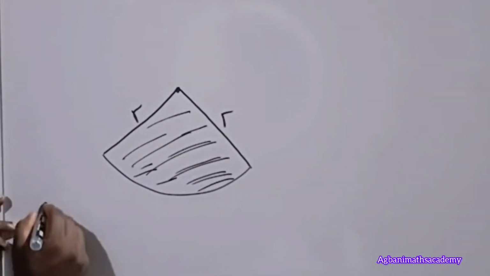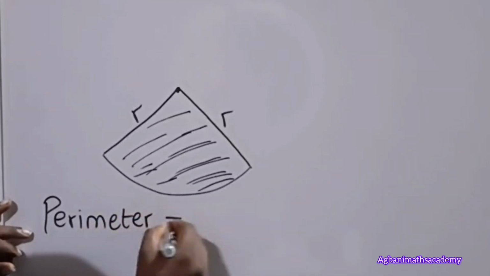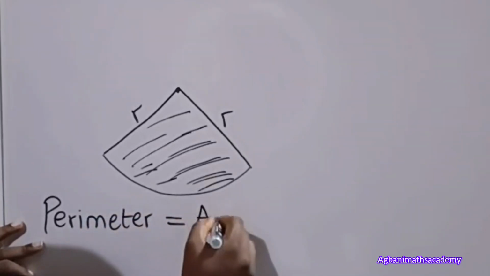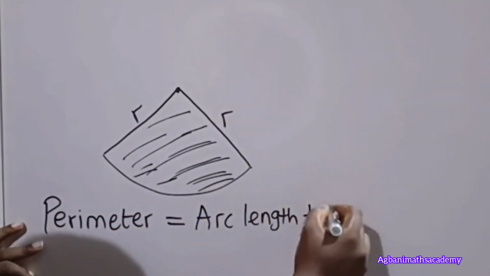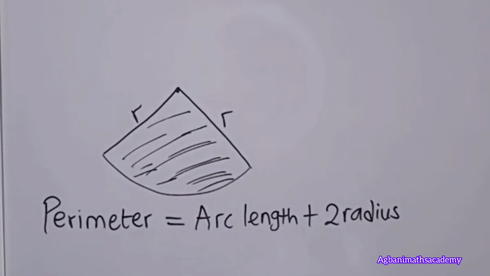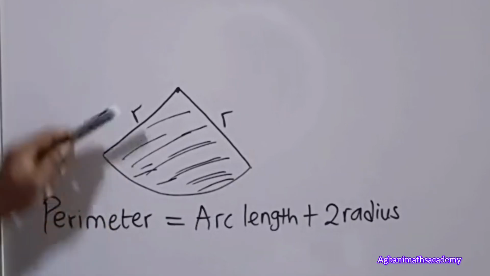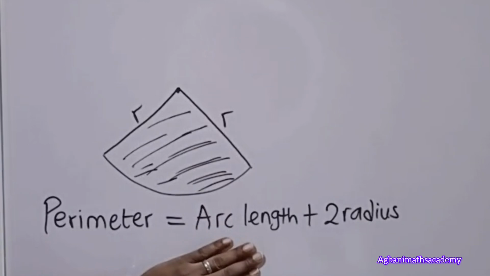So perimeter is equal to arc length plus 2 radius. Perimeter of a sector is equal to the arc length plus 2 radius. So that gives you the perimeter of a sector. What is the formula for calculating the perimeter of a sector?